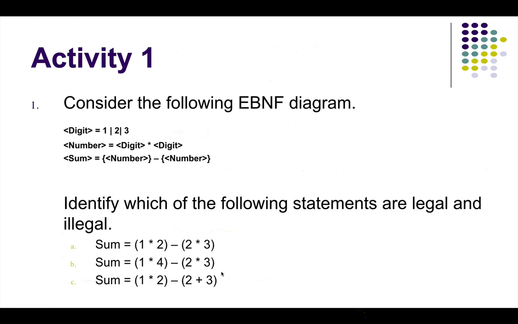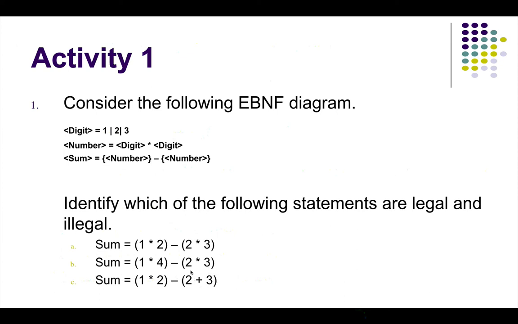So B's out. Okay, now number, so within the brackets here, a number has to be a digit multiplied by another digit. I notice in C here, this first bit, 1 multiplied by 2 works because 1 and 2 are digits and there's a multiplication between them, so that's cool. That works. There's a minus, so that works. Yep, so far digit, minus, yep, we're cool so far.